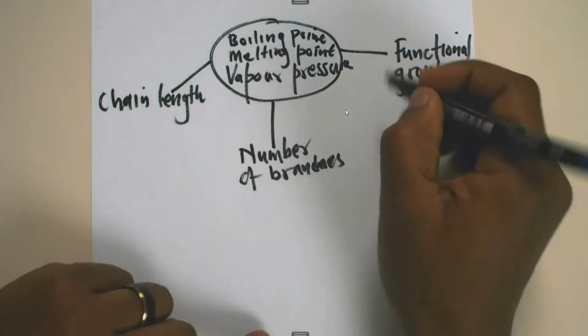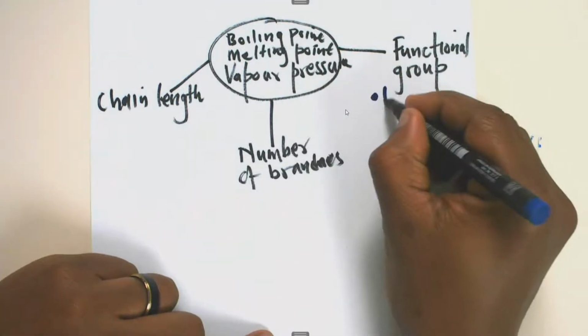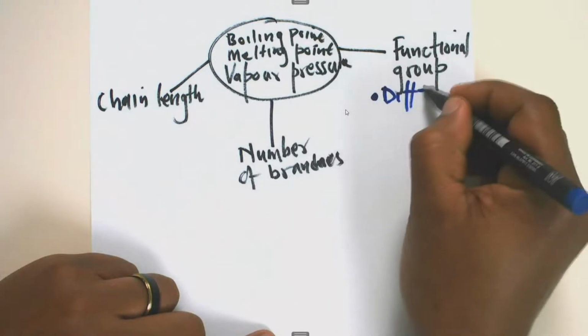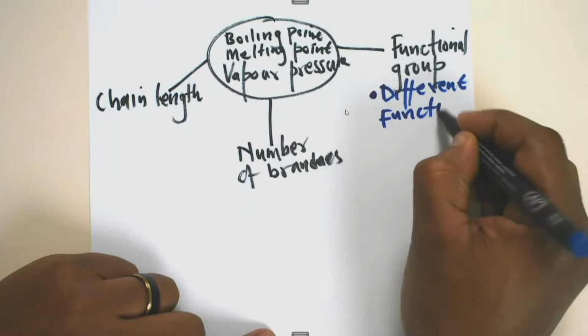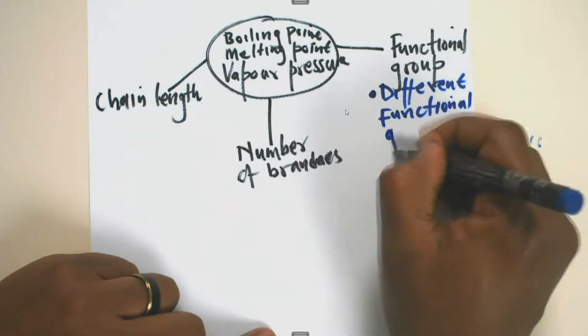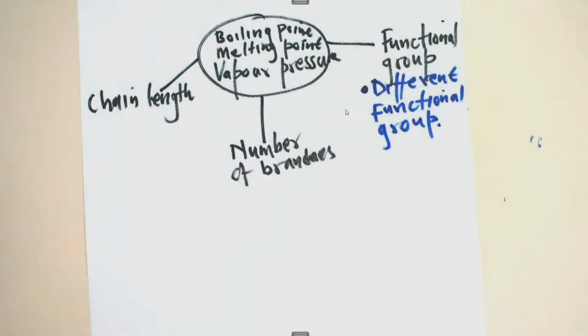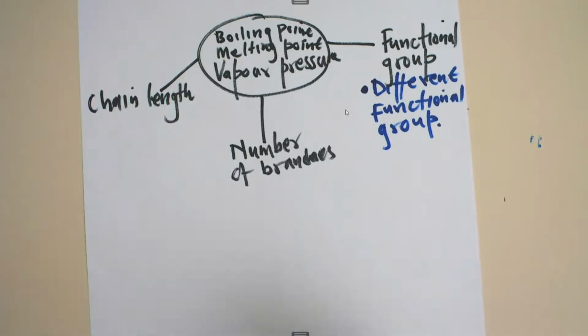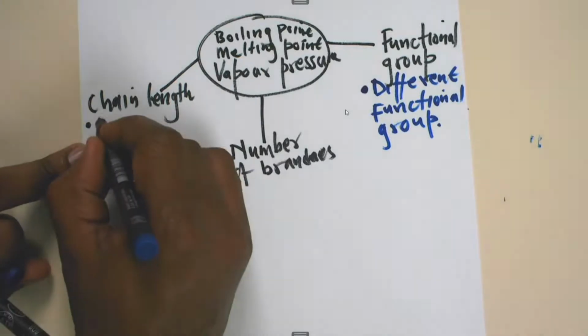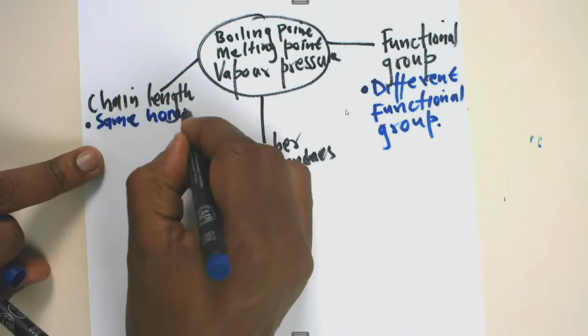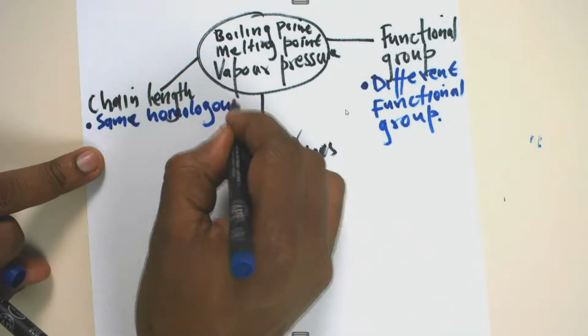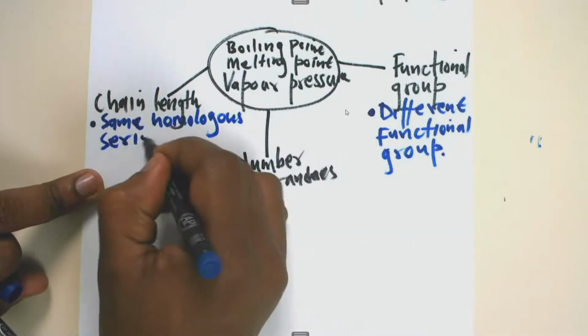The functional group is easy because molecules must have different functional groups. So once I am comparing different functional groups, it becomes easy to see that I am looking at the functional group. That one is quite easy to pick up. Now, for the chain length, those molecules must belong to the same homologous series.